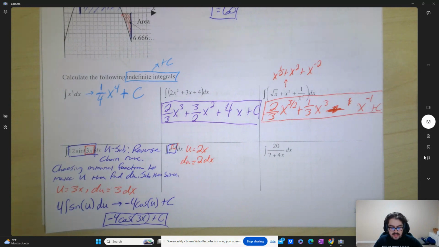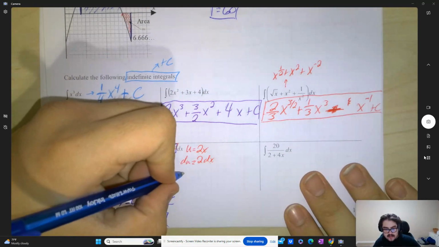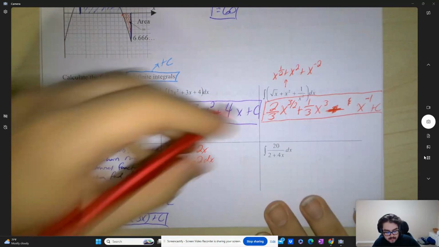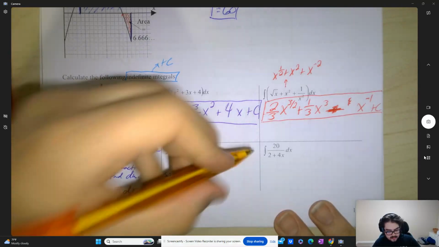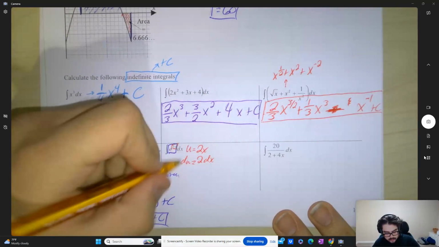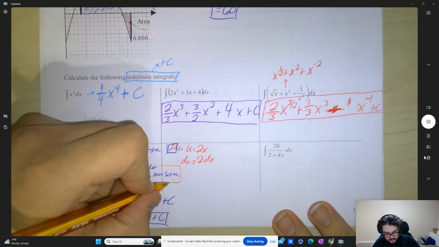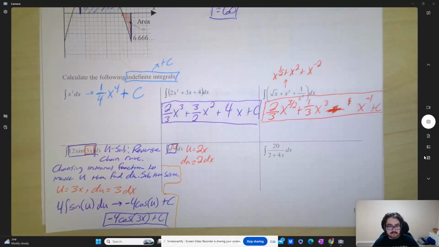So when I rewrite it like this, let me make a little wall here so that I don't confuse you with my writing.